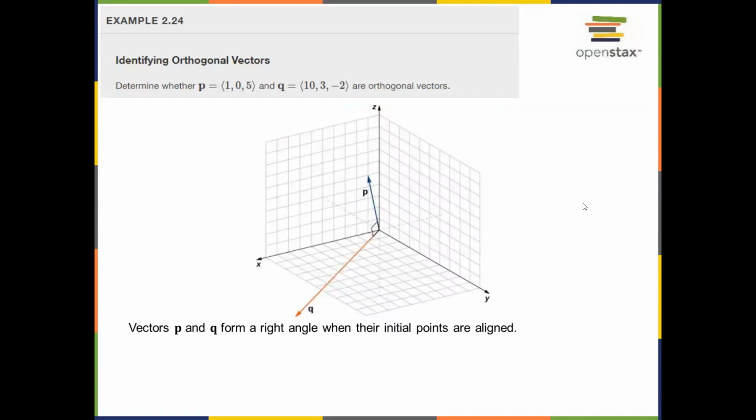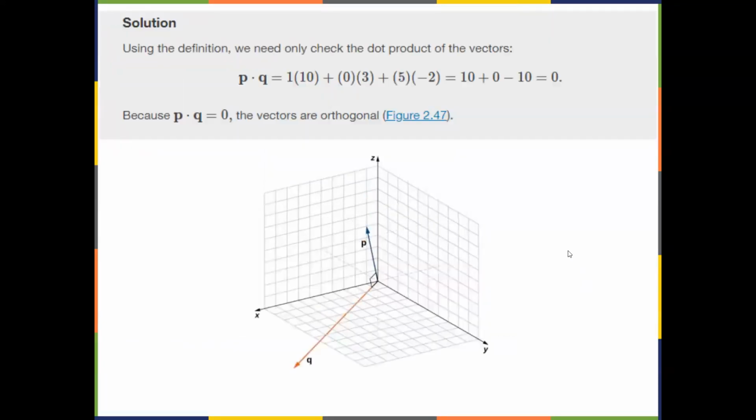Identifying orthogonal vectors. So here we have vector P, which is 1, 0, 5, and then we have Q, which is 10, 3, negative 2. So vectors P and Q form a right angle when their initial points are aligned. And then here's our solution.